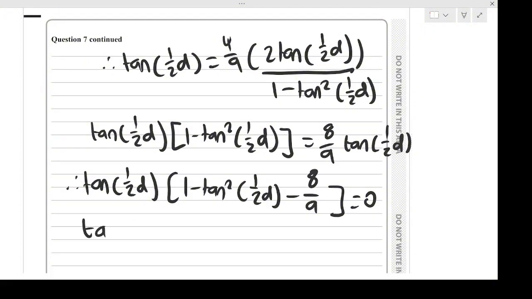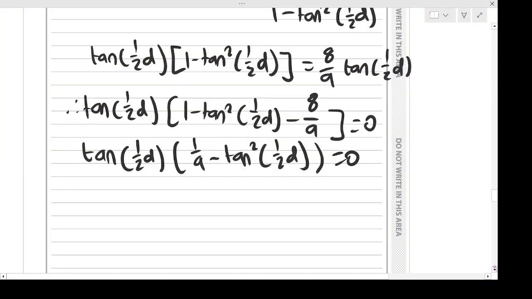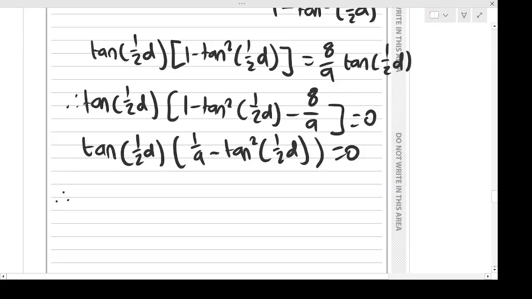I can simplify this a bit more, so then I'm going to get a 9th take away tan squared of a half alpha equals 0. So I can now solve for tan of a half alpha. Therefore tan of a half alpha is equal to 0, or the other bracket is 0.